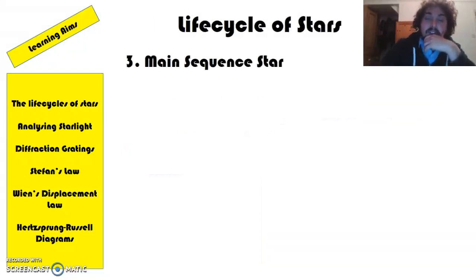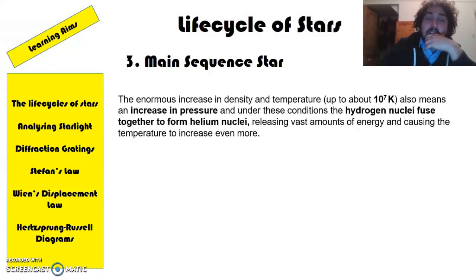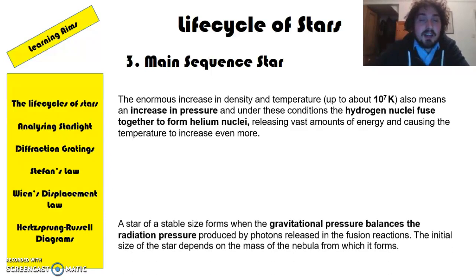Then it turns into eventually a main sequence star, and that is at the point when it gets to about 10^7 Kelvin, where the pressure and temperature are sufficient to allow hydrogen nuclei to fuse, which releases vast amounts of energy once that starts to happen.